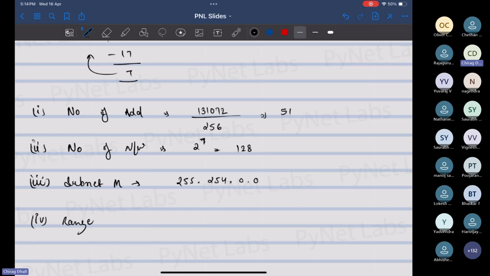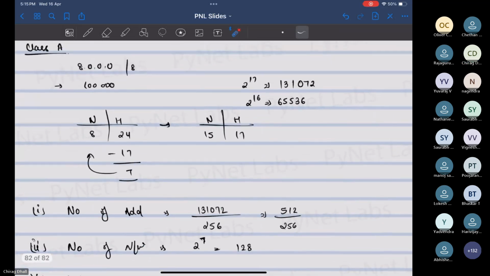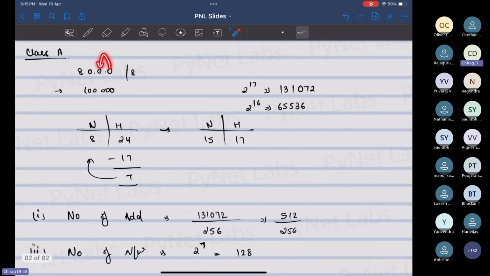Now 512 is also greater than 256, right? I cannot define that in my range. So what I'll do is I'll again divide it by 256 so that I can know what change needs to be done. First, when we divide by 256, we learn how many times we want to modify this bit.